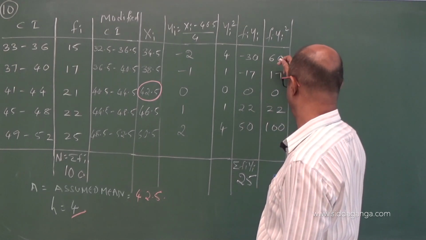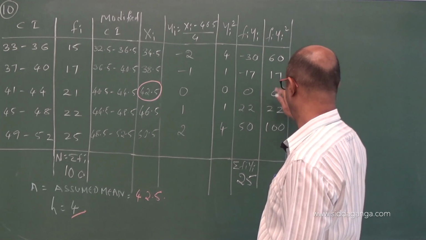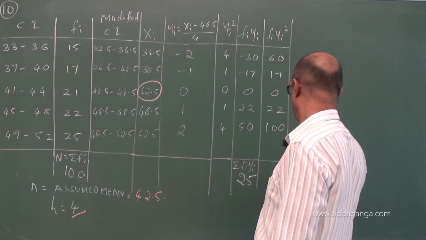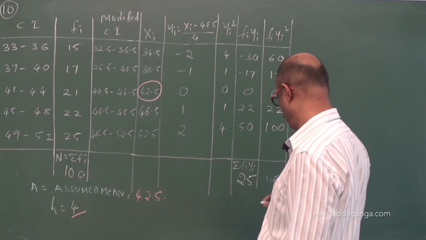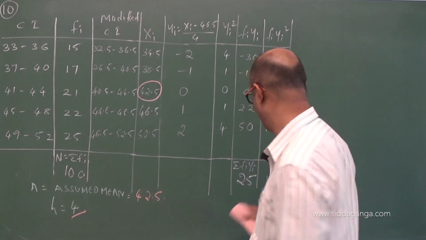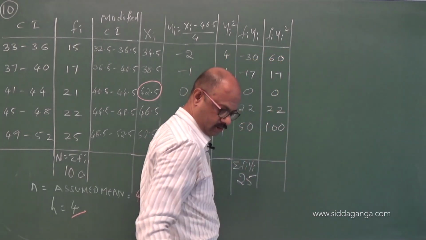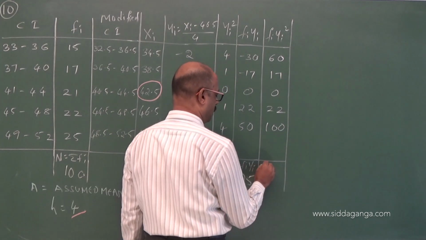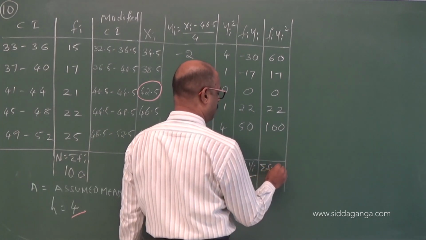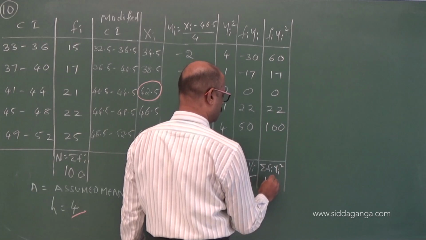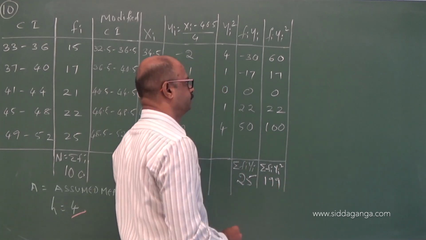And this is 7, 8, 9. And this is 1, you will get 199. That is, summation sigma fi yi square is equal to 199.